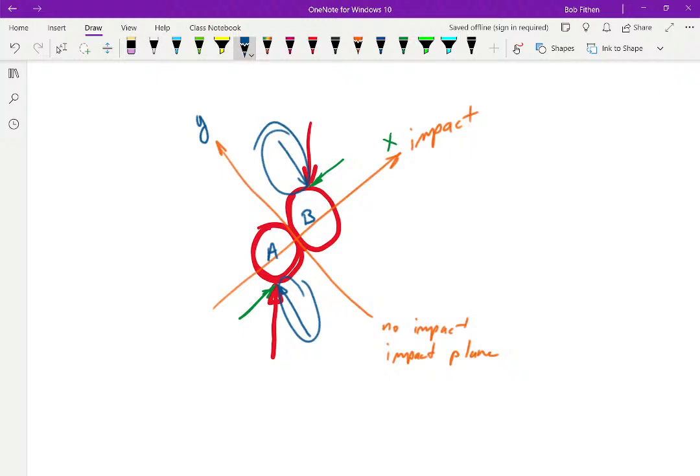So in other words, you would have the velocity of A before impact would be some VAX initial, I being associated with that, plus VAY initial, Y being associated with this one.